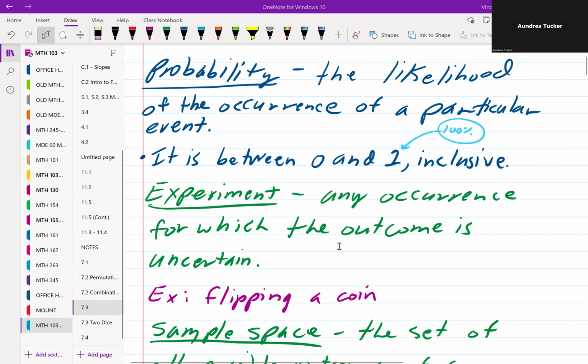All right, so experiment is any occurrence for which the outcome is uncertain. An example is flipping a coin.